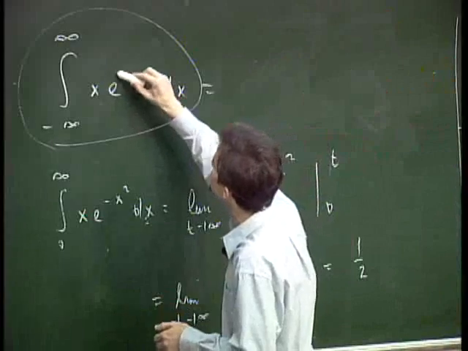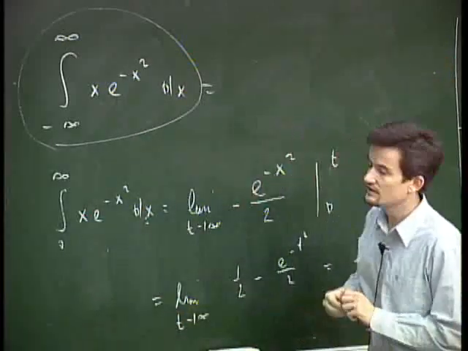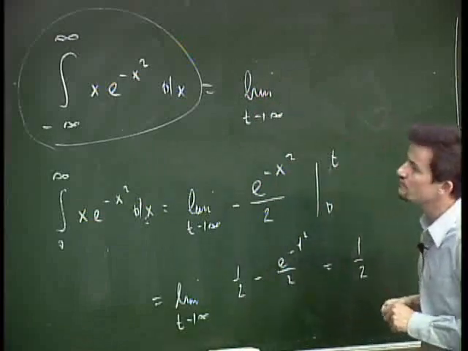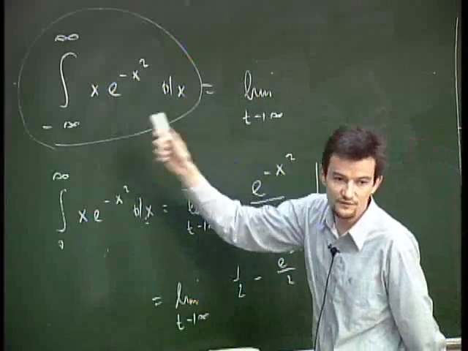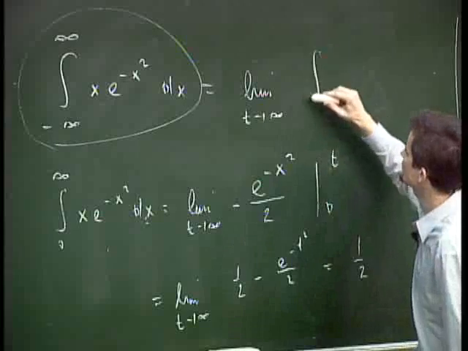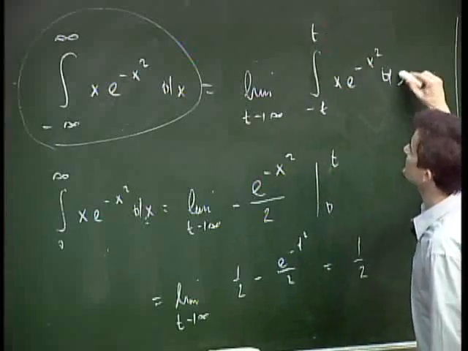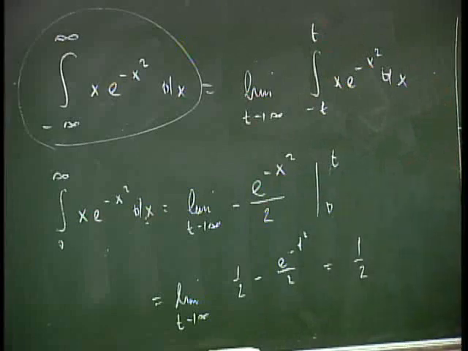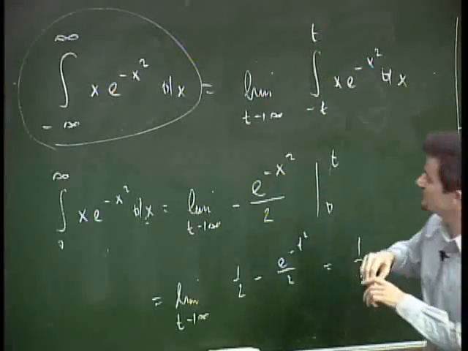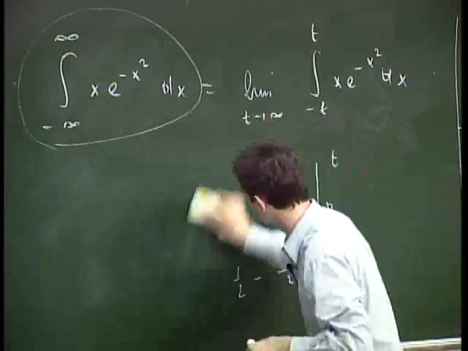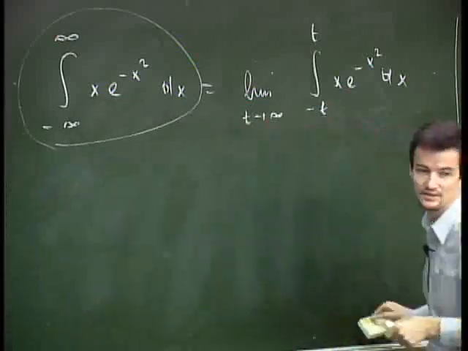The second important remark is, if you would define this symbol as the integral from minus t to t of x e to the minus x squared dx, the definition would be different. This symbol is not defined like this, I should stress this.